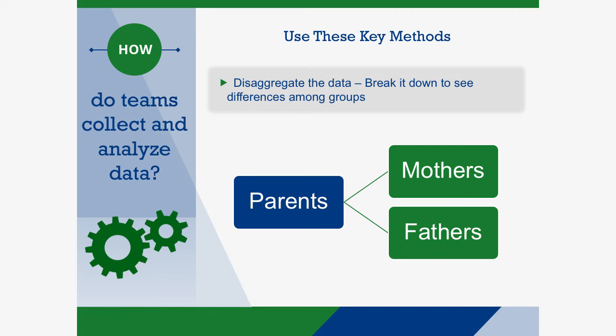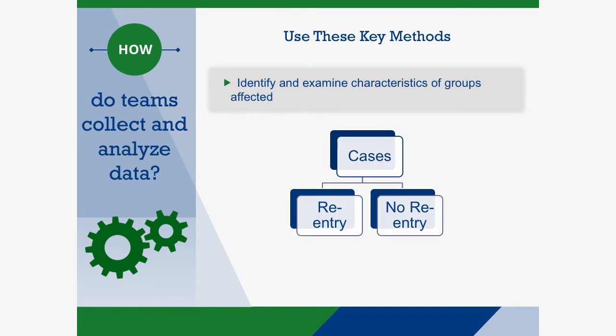For example, instead of looking at data for all parents, what can the team learn by looking at data for mothers and fathers separately? Disaggregating data helps teams narrow in on critical issues within the identified problem that might be overlooked otherwise. Examining the characteristics of the groups most impacted helps a team see areas where they want to dig deeper, performing more analysis or adding different data sources to fully understand the problem.